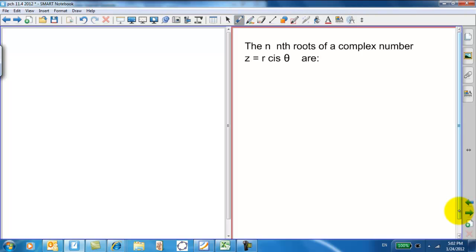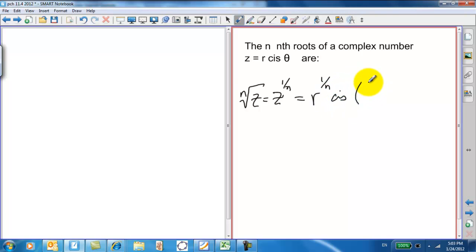Now, we can sum this up then. If you want to memorize this formula, it's fine. It's easier to do the process too, but the nth roots of a complex number can be written in the following equation. They are the nth roots of z, so that's z to the 1 over n. So in r cis theta form, you're going to take r to the 1 over n, and then cis, you're going to take theta and divide it by n.